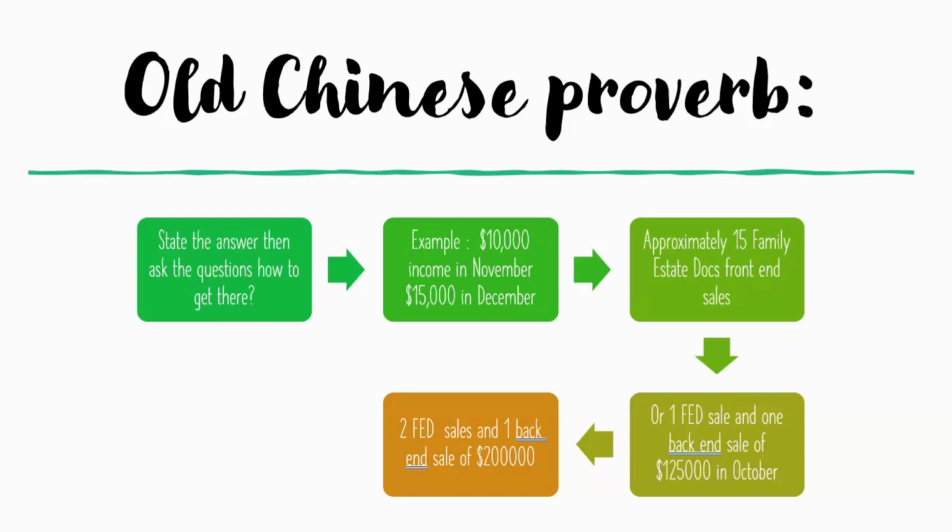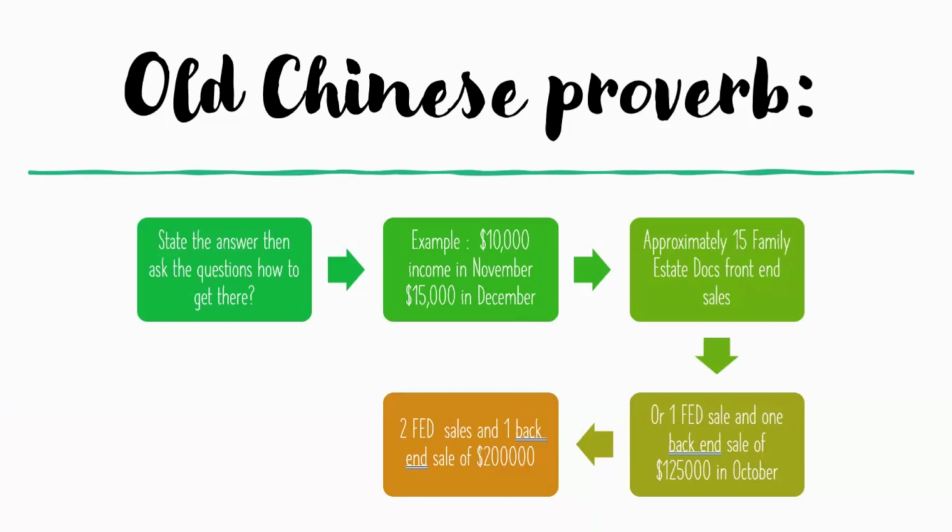Here's an example. Let's say you want $10,000 income in November and $15,000 in December. Approximately 15 family estate docs on the front end sale would net you $15,000 in December without ever selling an insurance product.